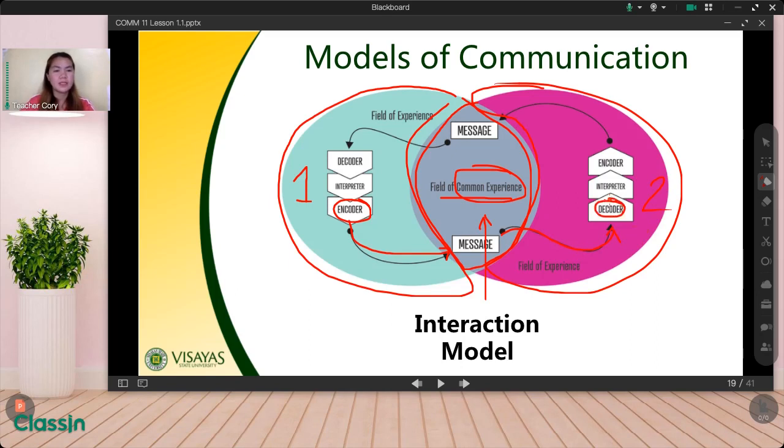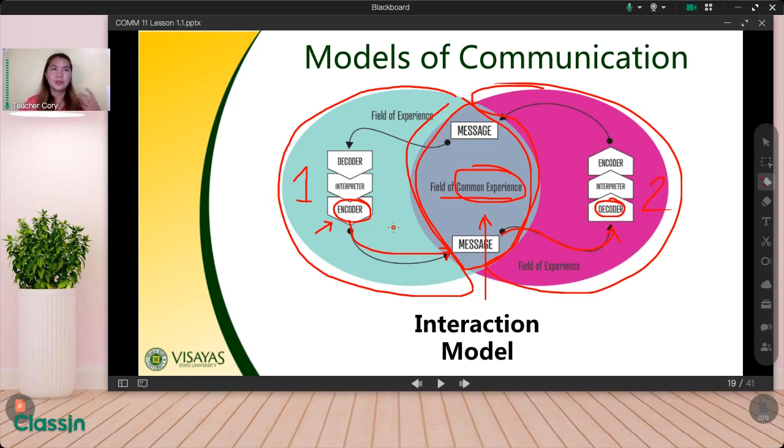When we are communicating, it doesn't start with words. It starts with ideas. So we think, and then there's this idea, and we try to encode it using the language that we know.